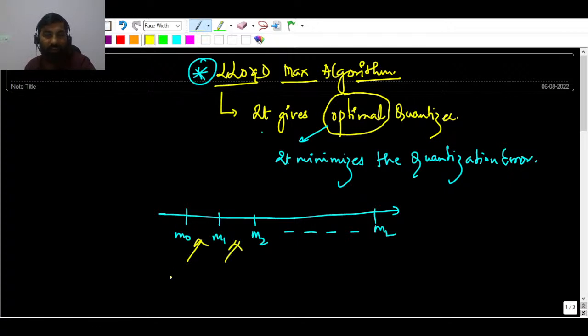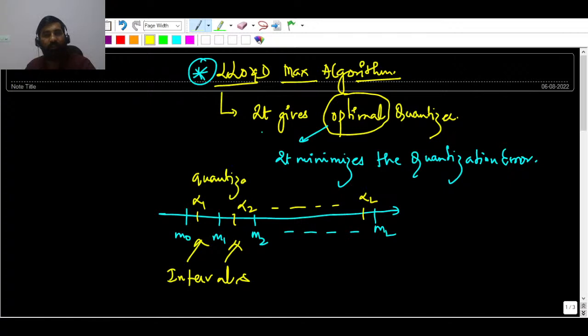These are the quantization levels, and here you can choose alpha 1, alpha 2, alpha L. These are the levels you can choose, right? So these alpha 1, alpha 2, alpha L are the quantization levels.